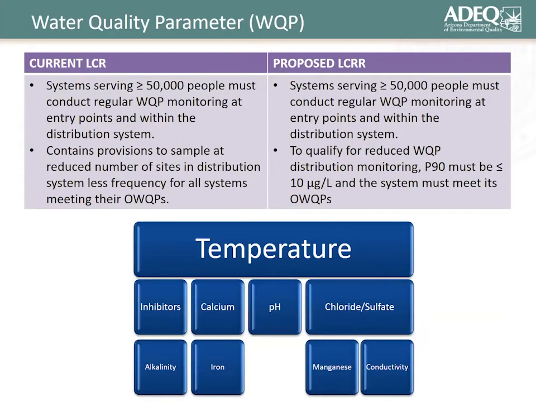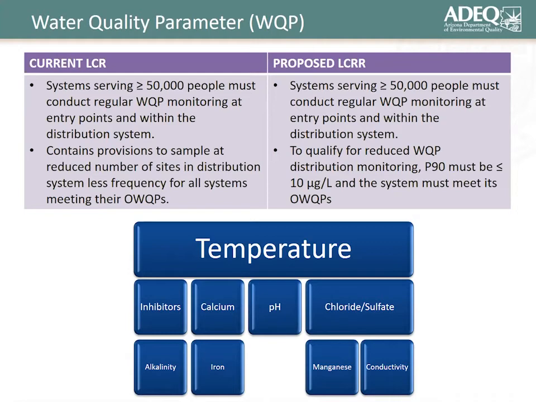So water quality parameters is a big sampling indicator for us at ADEQ to help us understand what's going on from a water chemistry perspective. EPA is proposing that systems who serve more than 50,000 people have to do regular water quality parameter monitoring regardless if they're installing corrosion control treatment. And that's really different from what's happening right now.